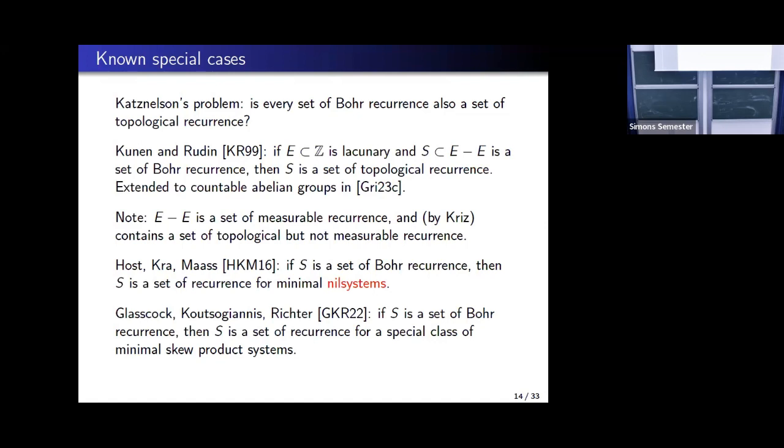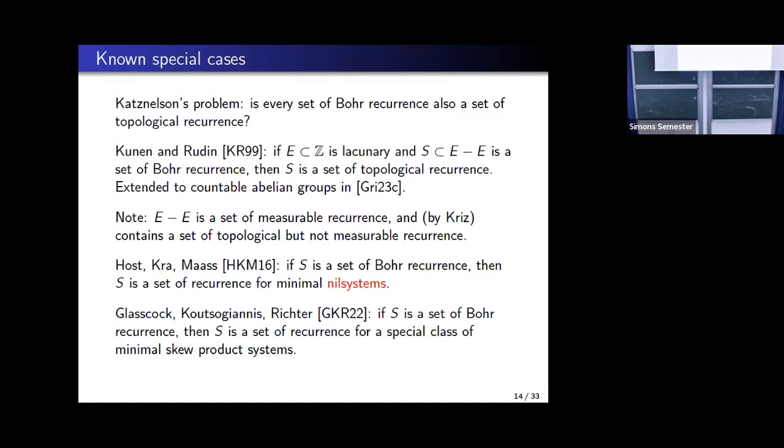And Florian and Andreas and Daniel Glasscock, in this survey, proved that if S is just a set of Bohr recurrence, then S is a set of recurrence for a special class of minimal skew product systems, instead of topological recurrence, I should say there.